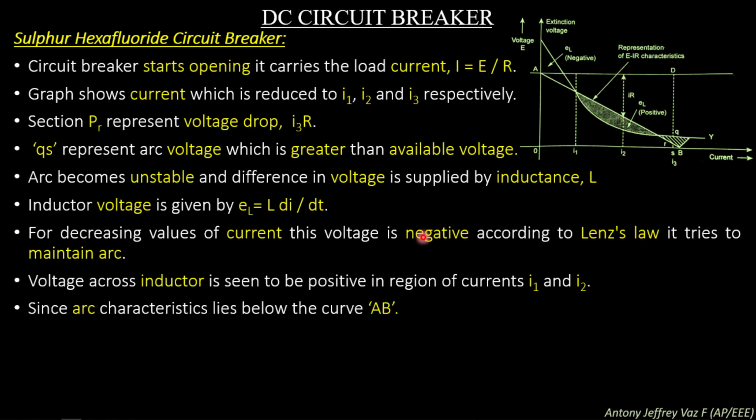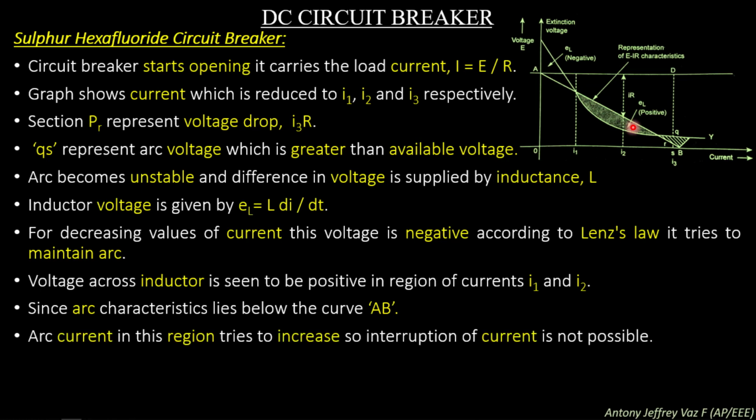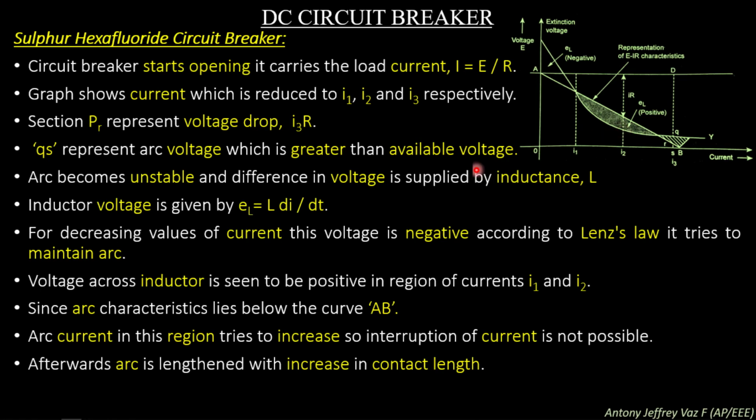Since the arc characteristic lies below the curve AB, the arc current in this region tries to increase, so interruption of current is not possible. Since the arc characteristic in this region is below the curve AB, the arc will not interrupt.